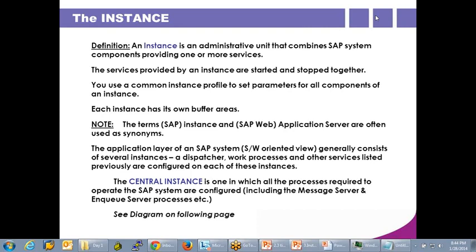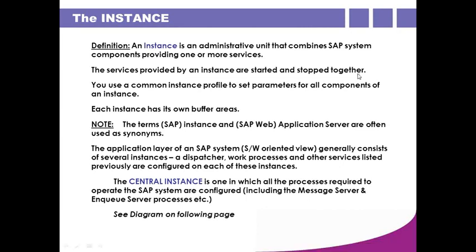Whatever word anybody is using is nothing but instance. How many web application servers or application servers you have means how many instances you have. Don't confuse, these are the synonyms for the instance. And the remaining points, as of now I am skipping, we will see in the next slide.